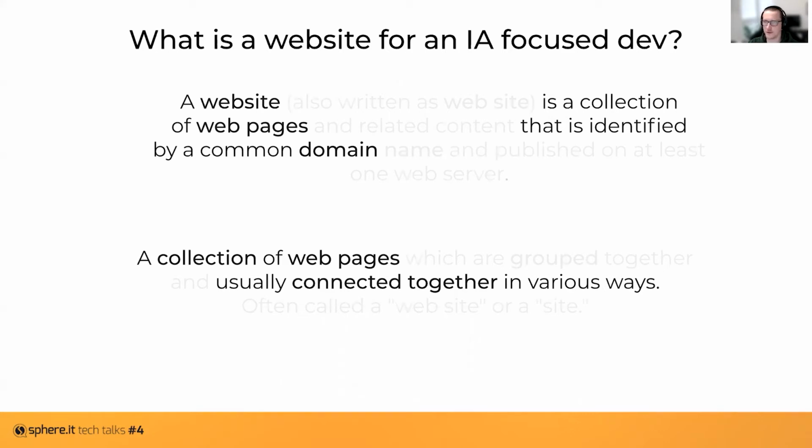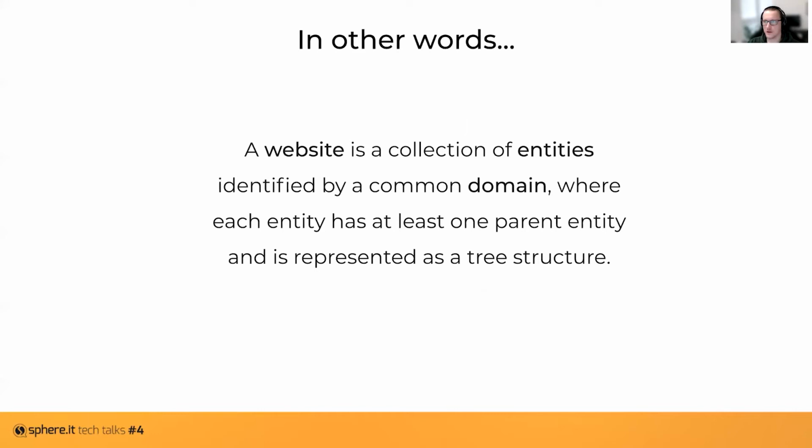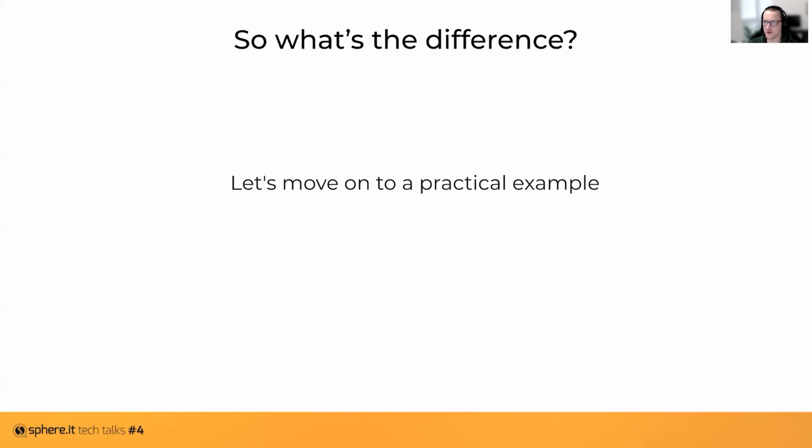As you can see, I've chosen to use only the part domain and not domain name, because we will be treating the domain as a problem domain and not as a server domain. So in other words, a website is a collection of entities identified by a common domain, where each entity has at least one parent entity and is represented as a tree structure.